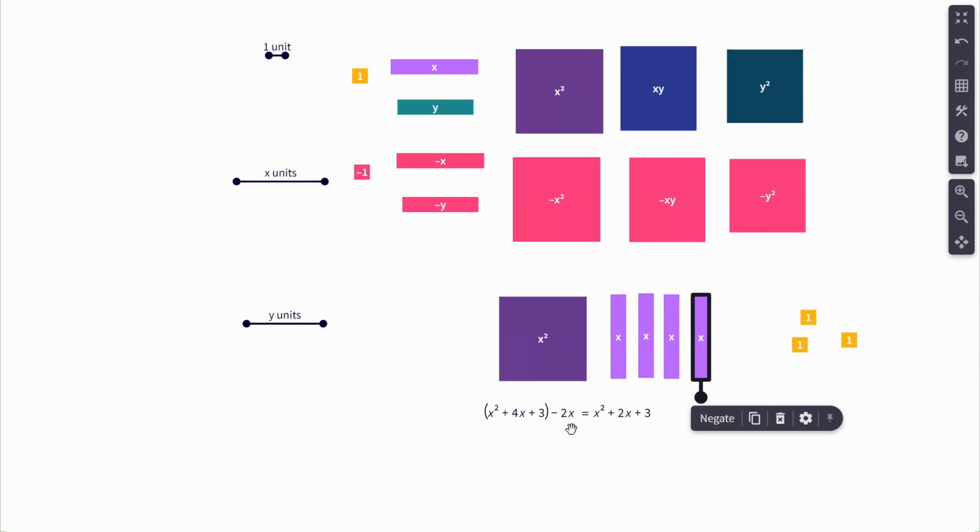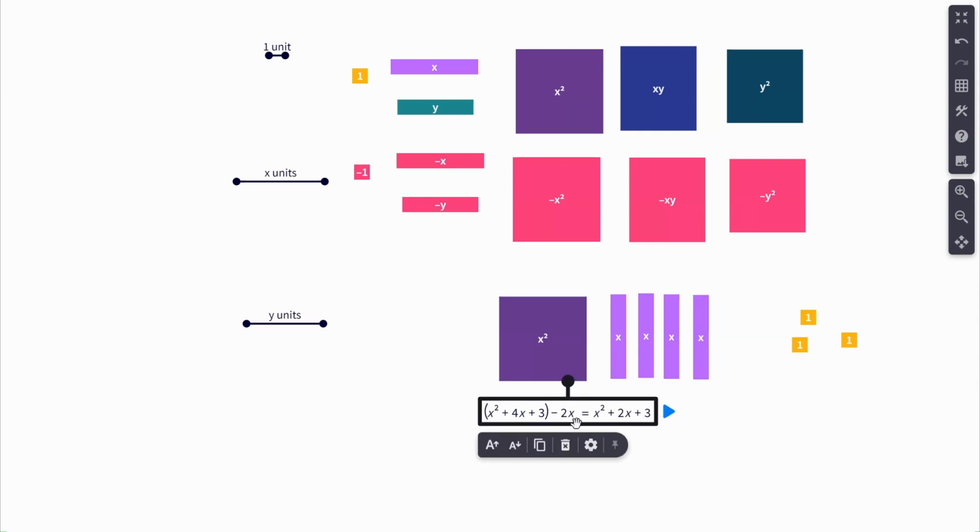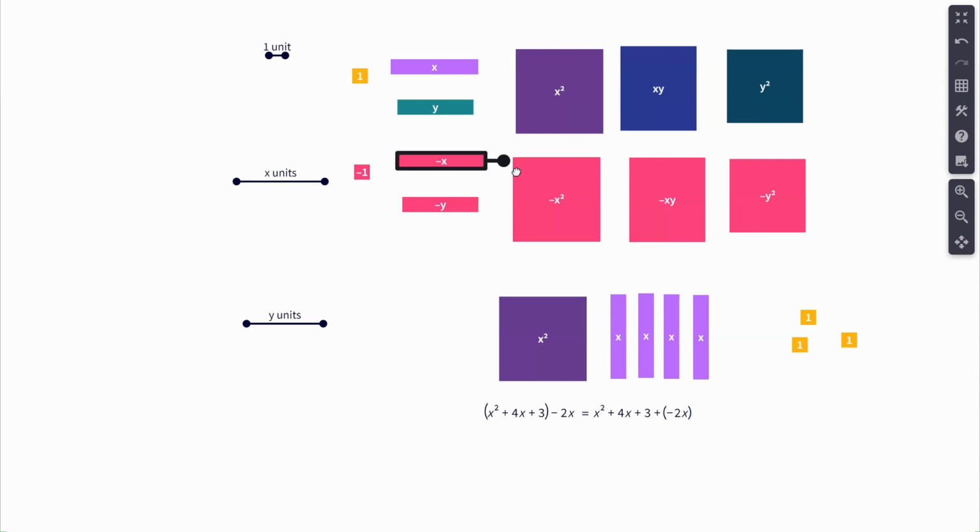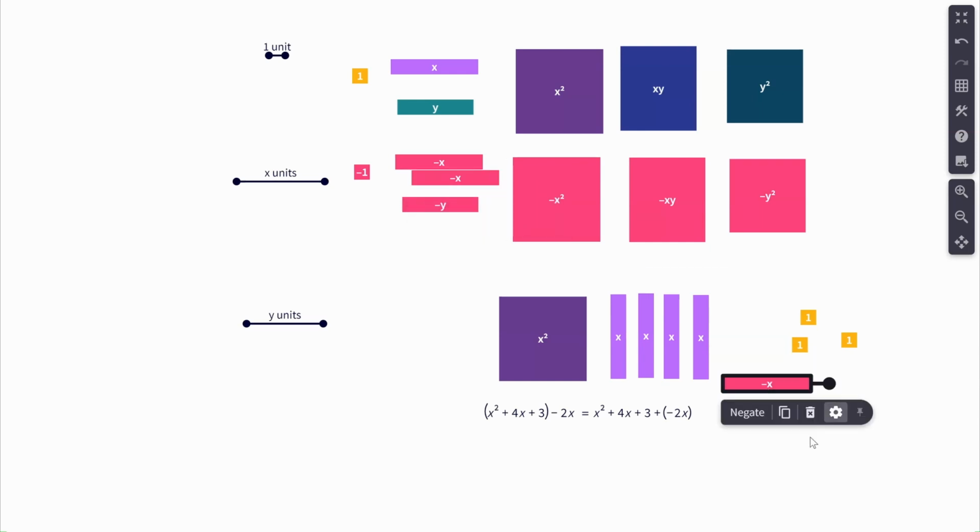So here we're going to have plus negative 2x. Instead of minus 2x, we're going to think of it as plus negative 2x. So x squared plus 4x plus 3 plus negative 2x. We're going to take a negative x, let's take 2 of those negative x's, and we're going to bring those over here.